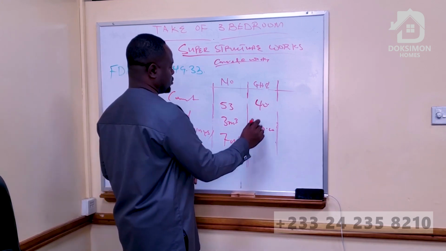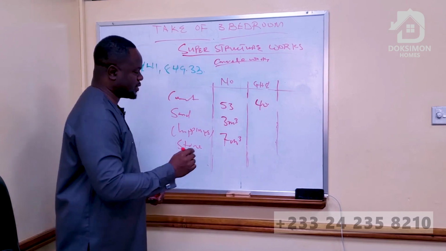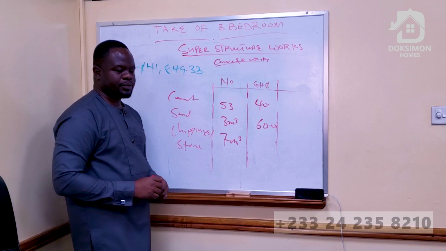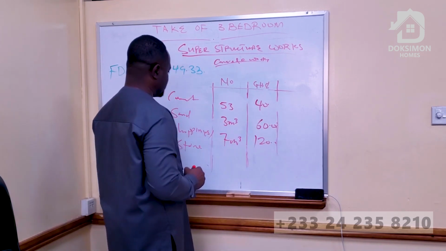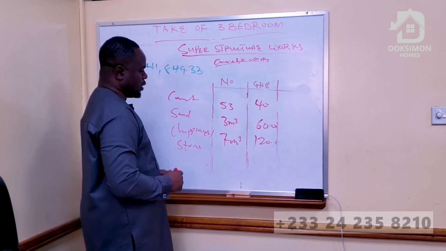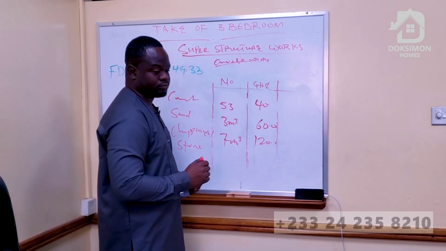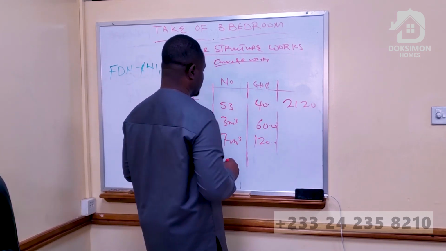Our sand will also change. We said it's 60 cedis. And our chippings, which is 120 cedis. So when we calculate, we have about 2,120.